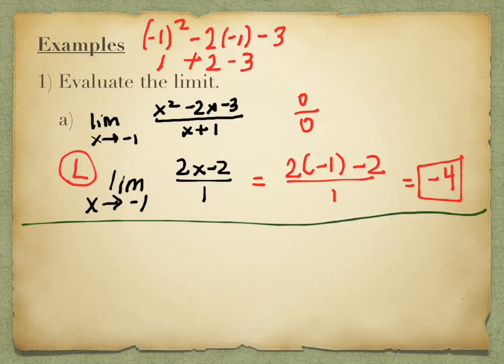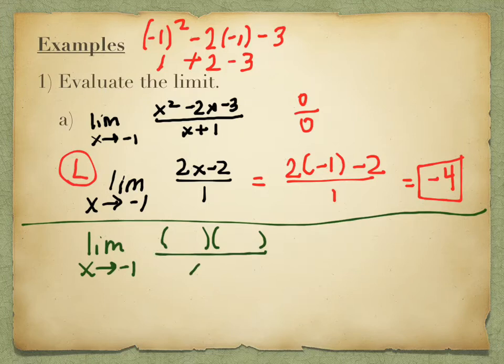So if we were doing this before, and I want to show you this not just because it's kind of cool, but because I want you to see it actually gives you the same solution. If you were doing this in Calc 1, you would have factored the top. So how does x squared minus 2x minus 3 factor using algebra? Plus 1, x minus 3.